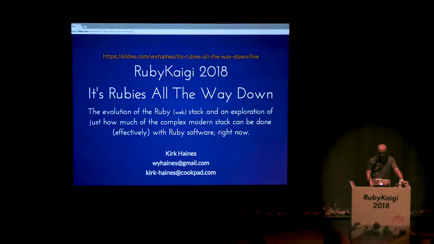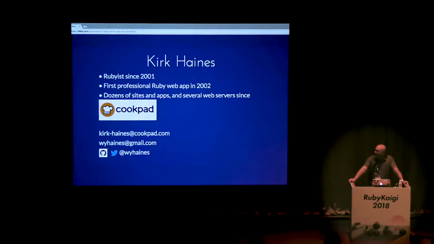So first of all, just a little bit about me. I've been doing Ruby since 2001. I did my first professional gig developing a web application using Ruby in 2002. It was a job search application for the Milwaukee Area Chamber of Commerce, matching companies who were looking for college interns with the college interns.